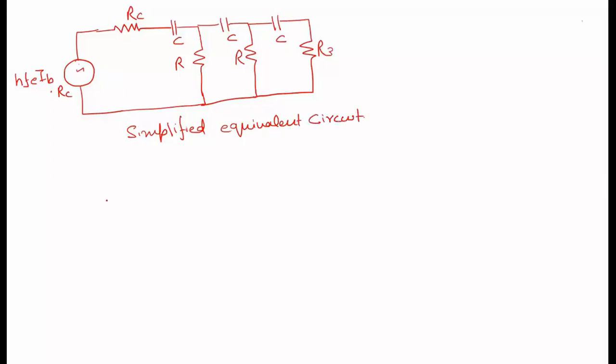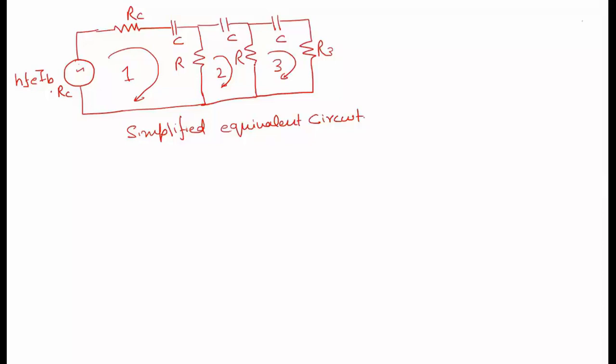So we have to solve this circuit to find the expression for frequency and gain. Here we have three loops. This is loop 1, this is loop 2, and this is loop 3 in this circuit.